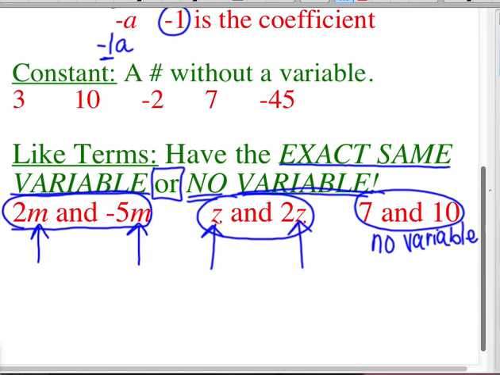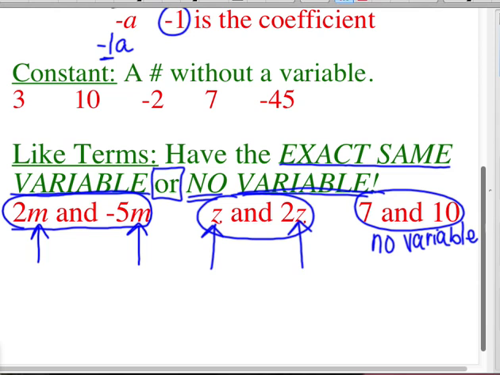Now, the whole reason that we're talking about all these different definitions is because your whole job today is going to be to look at these long algebraic expressions with all these numbers and all these variables, and you need to be able to find the like terms, like the family members.